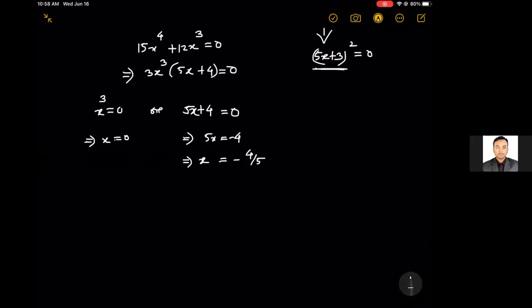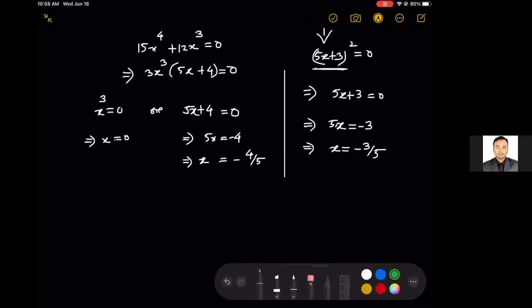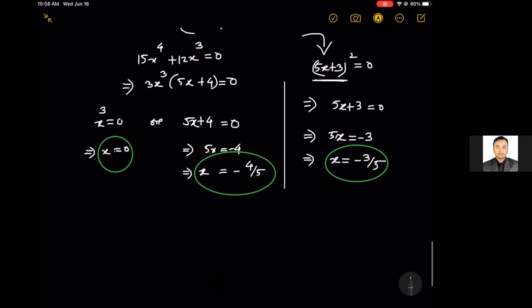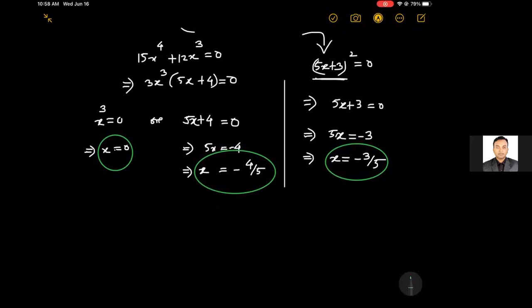And if we solve this one, we get 5x plus 3 is 0. So 5x equals -3 and x equals -3/5. So these are your critical points. These 3 points are your critical points.